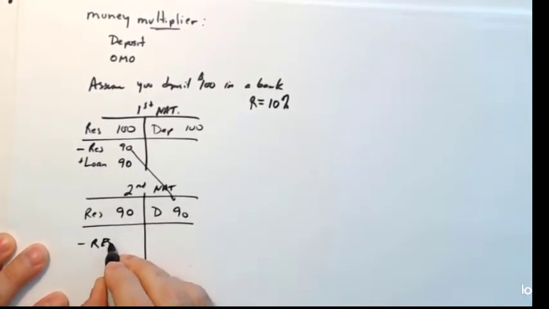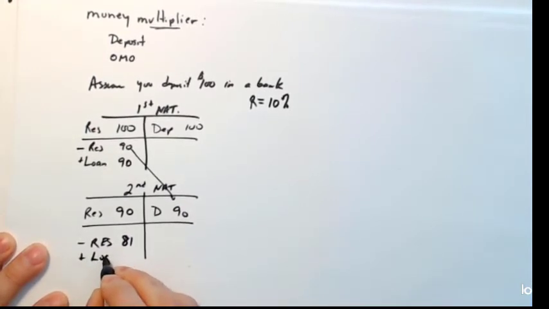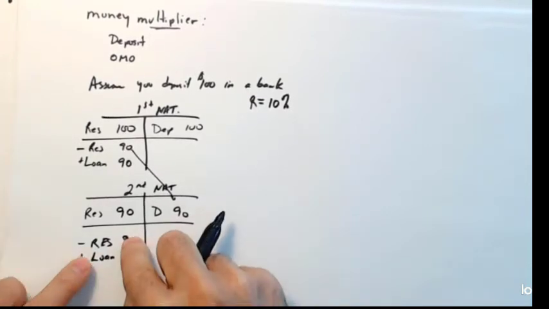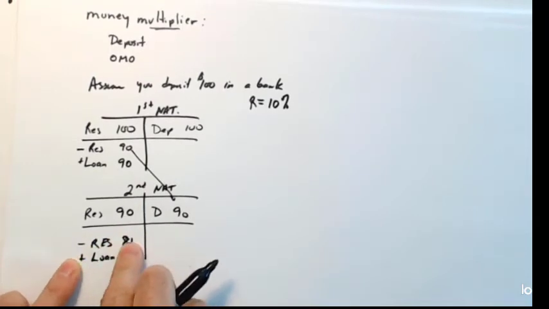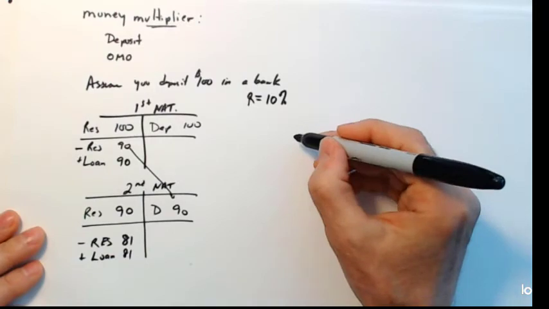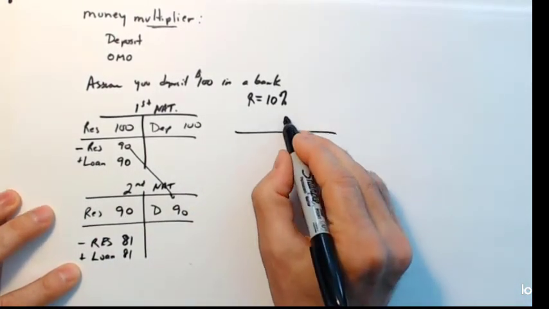And so reserves will drop by $81 and loans will go up by $81. And so, an increase of 81 minus 81, this asset side does not change at all.